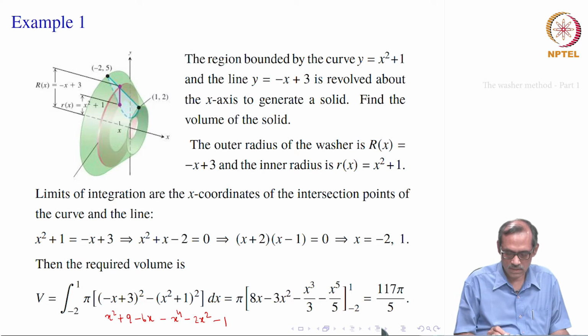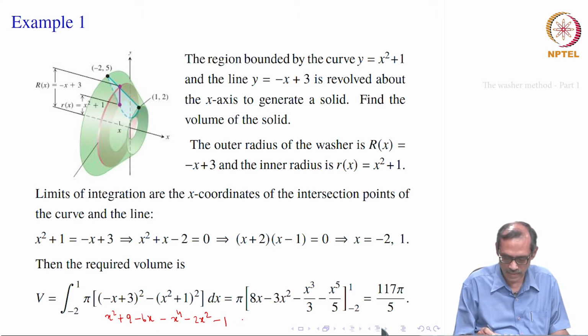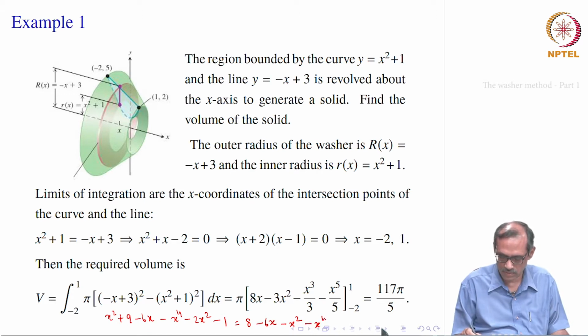So, that gives us 9 minus 1 is 8, and then in x we have minus 6 x, and then squares we have minus x square, and then fourth power which is minus x fourth.